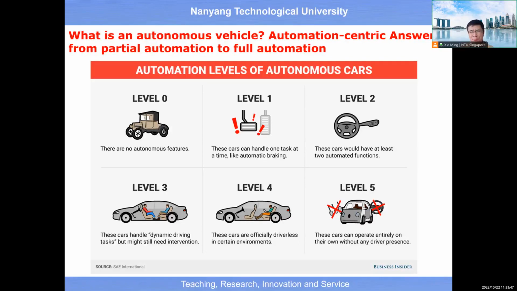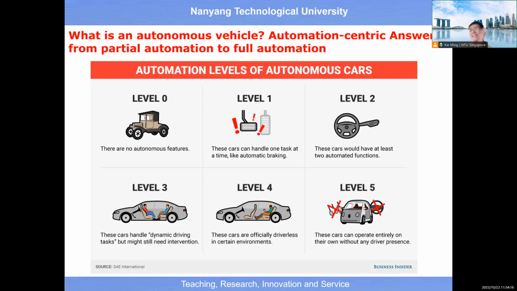And if the vehicle could achieve 100% automatic driving, then we say this vehicle has reached level 4 autonomy. And if this vehicle could drive itself without the presence of a human driver, then we can say that this vehicle has reached level 5 autonomy.